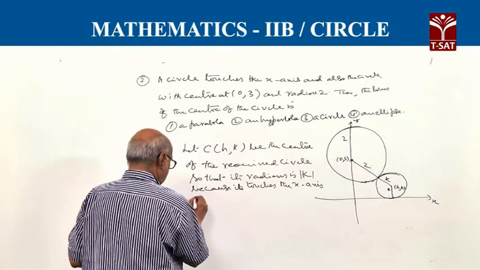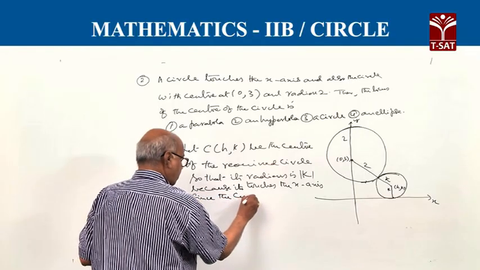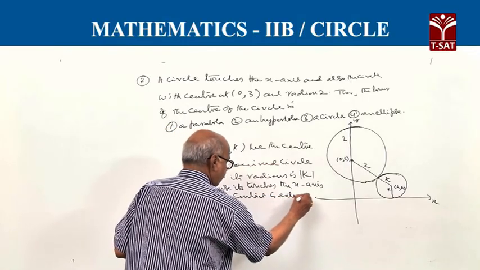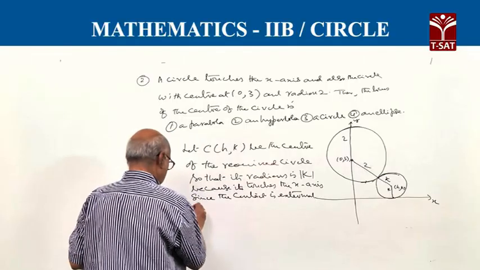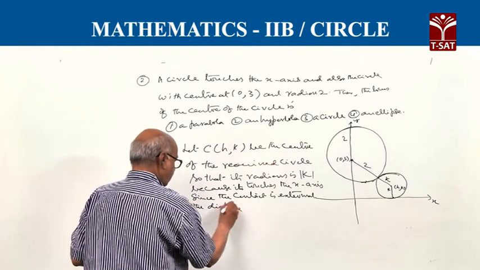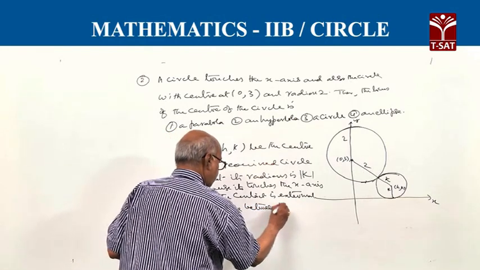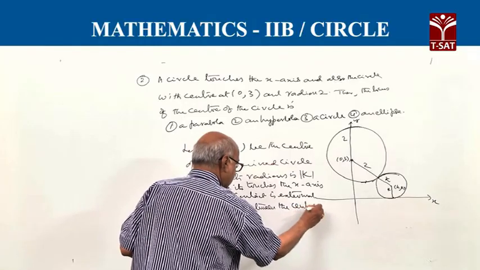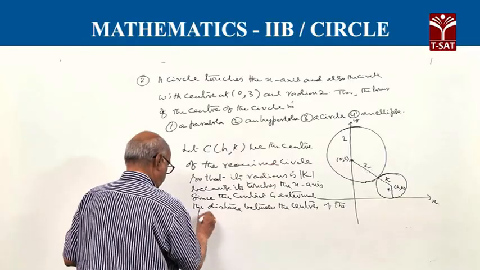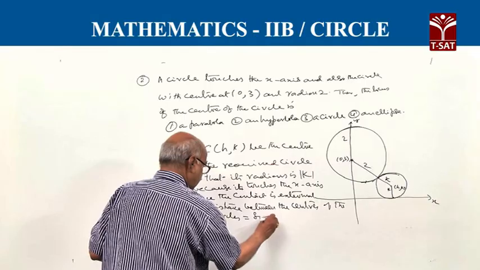So, now since the contact is external, the distance between the centers of the two circles is equal to the sum of the radii.